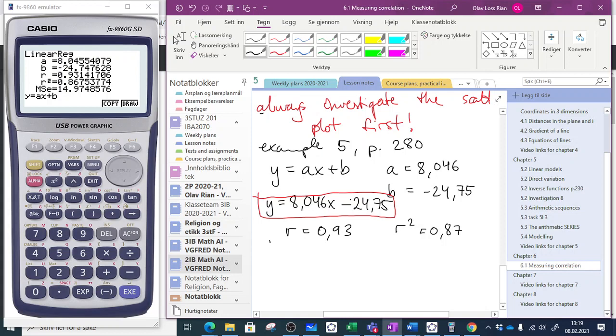So this means that this model, this correlation line, explains 87% of the variation between the two variables. The R value is quite strong. It's 0.93, so fairly close to 1. It's stronger than 0.9. So the closer you get to 1 or minus 1, the stronger the correlation. The closer you get to 0, the weaker the correlation is.